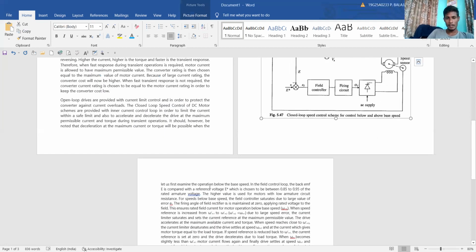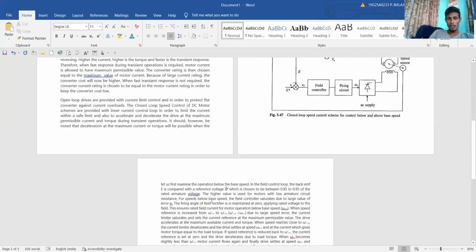Let us first examine the operation below the base speed in the field control loop. The back EMF E is compared with the reference voltage, which is chosen to be between 0.85 to 0.95 of the rated armature voltage. The higher value is used for motors with low armature circuit resistance.